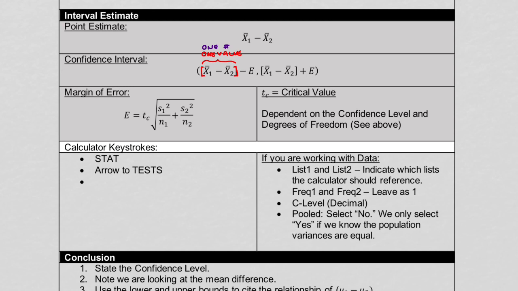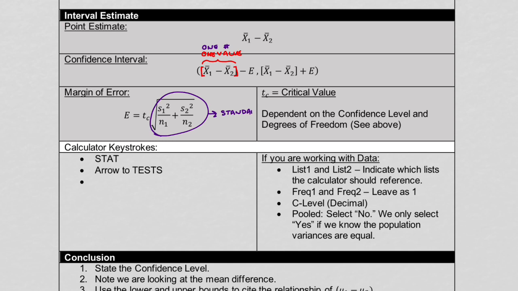So again, if we kind of go down the rabbit hole and you're like, okay, great, I know how to get my point estimate, or in other words, my sample statistic. How do I get my margin of error? Your margin of error is where you're going to use your t critical value and you're going to multiply it by that standard error. So remember that this representation here is your standard error.